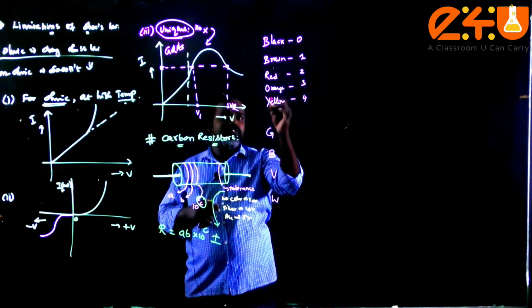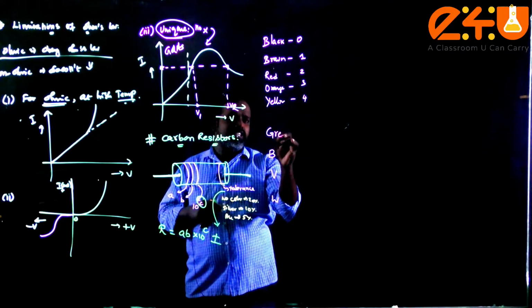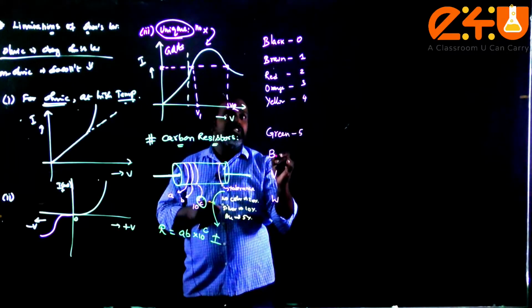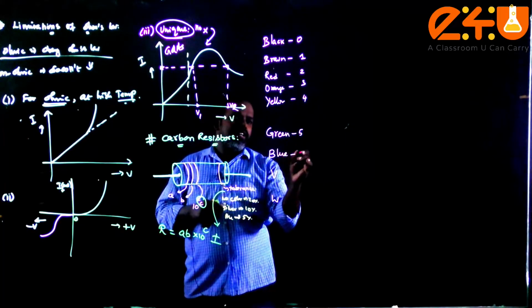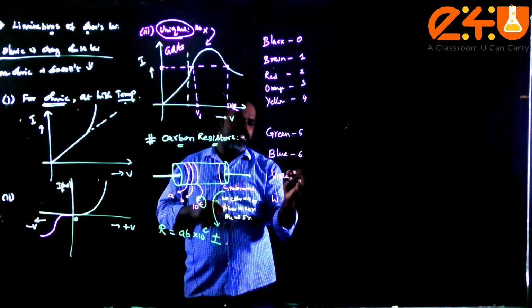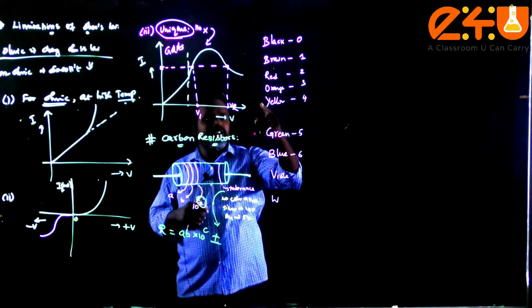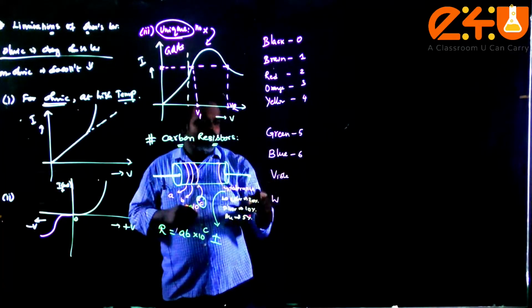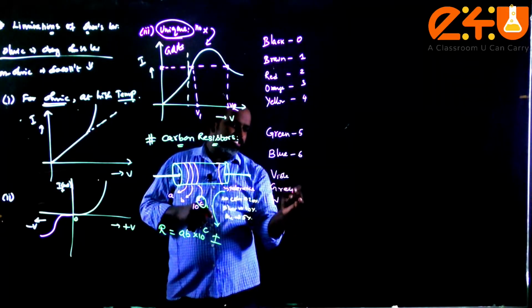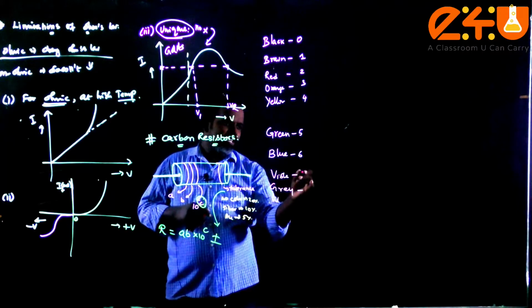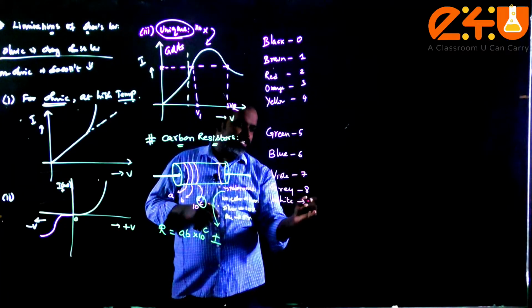Green, the value will be 5; blue is 6; violet is 7; gray is 8; and white is 9.